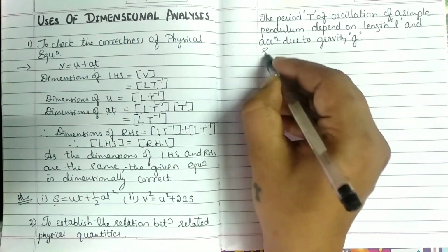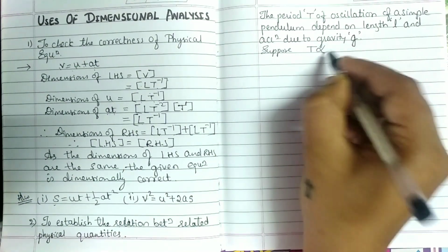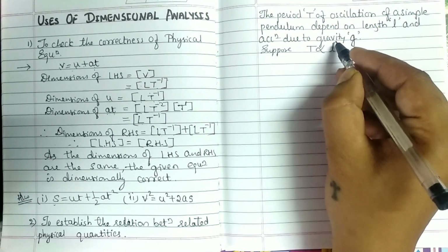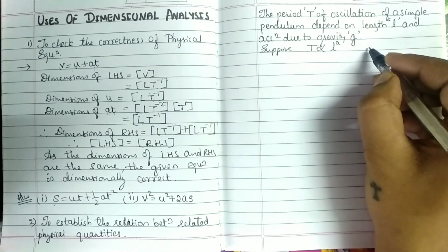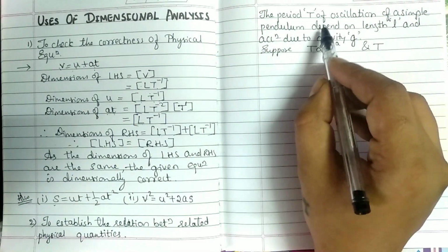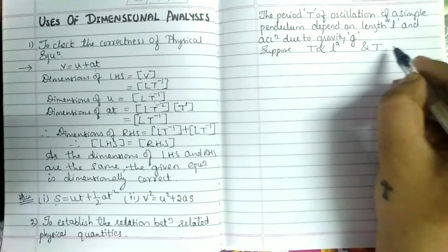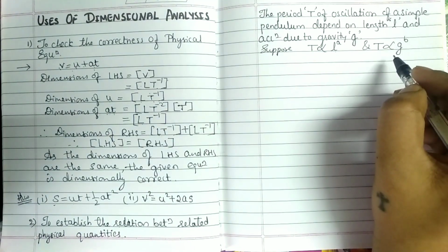Suppose T is proportional to length L raised to the power A, and T also depends on acceleration due to gravity, so take g with another power B.